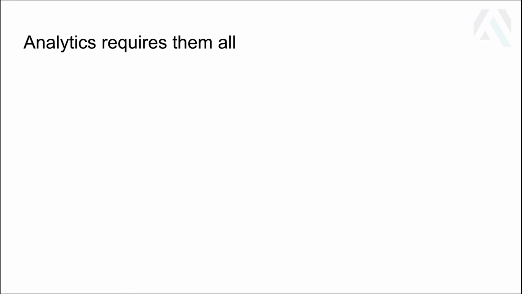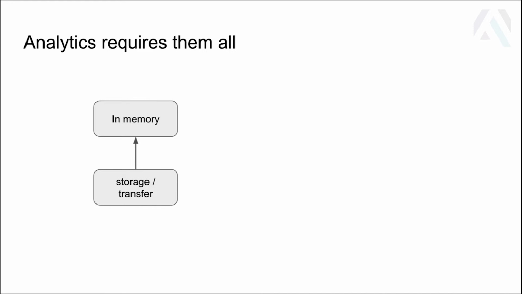To give you a simple example of why this is the case, let's take the traditional ETL problem. You have a storage or a transfer mechanism, for example a stream of data that you're receiving, or a blob storage that you're reading from, and you need to perform some analytics on it. The first step is usually to read it into memory. The second step is to actually perform the operation on that data.